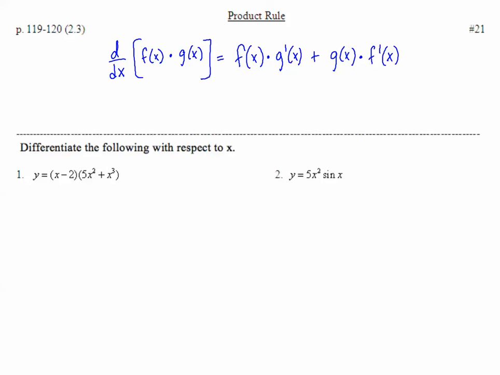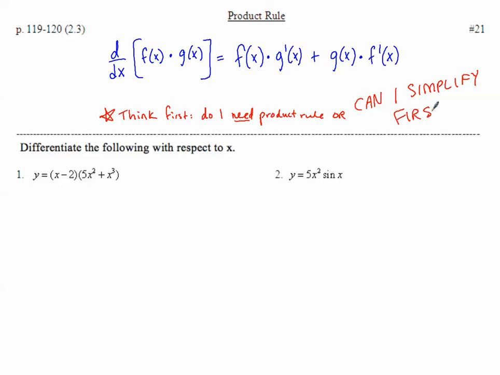A really important part to think of before you just jump into product rule is to first ask yourself, do I really need product rule? Or can I simplify first such that it's not a product?